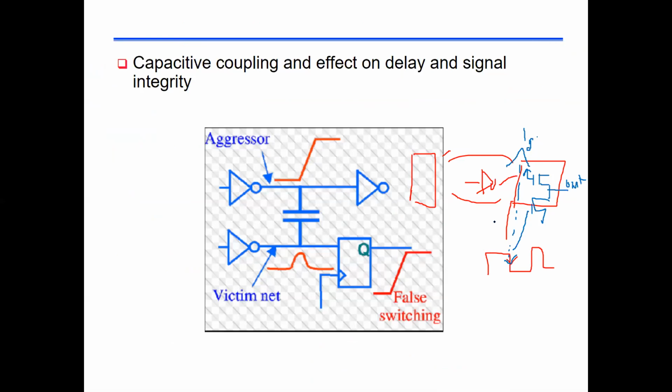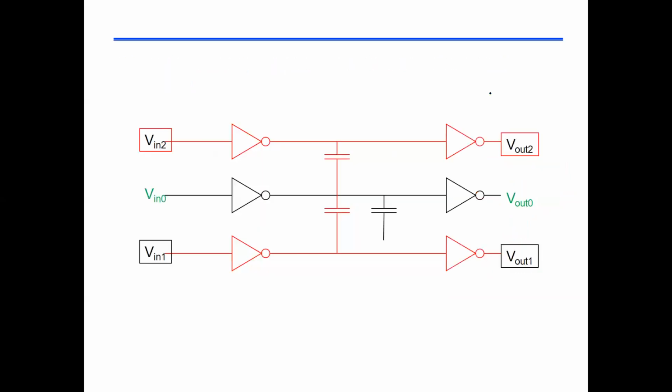Okay, thank you, Muhyiddin. Now we will talk about the effect on delay. If I have two aggressors, this one is sending me a signal going up, and this one is sending me a signal going up, and this one is evaluating the opposite. Sorry, this one is sending me a signal going up here. Forget about this. And this is trying to go down.